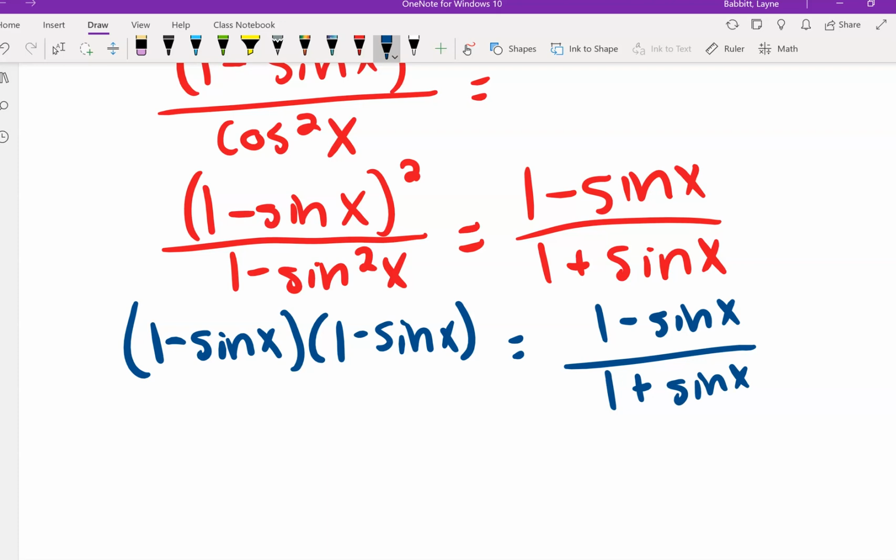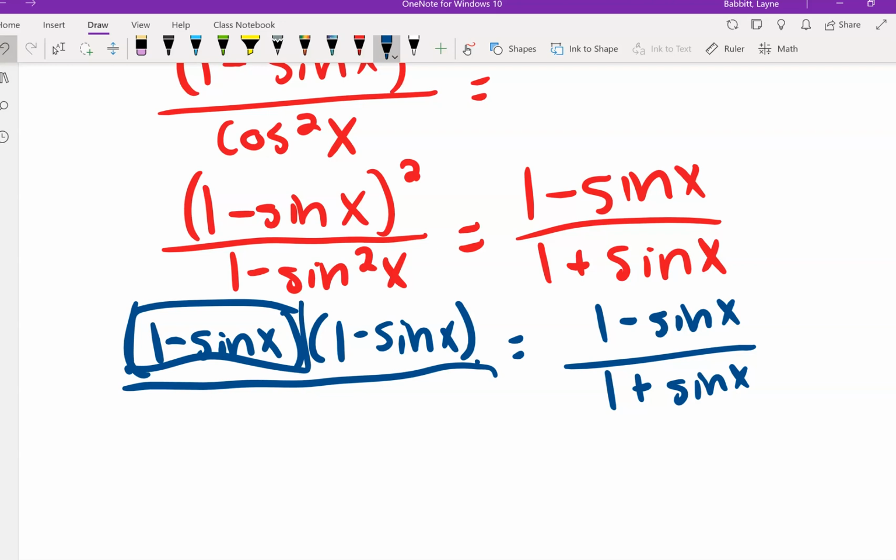All right, on bottom, I somehow want to get one of these top 1 minus sine x's to cancel out. So I have to do something with this bottom. Might be hard for a lot of people to recognize, but that is a difference of perfect squares.